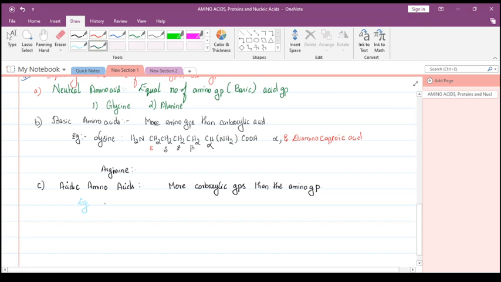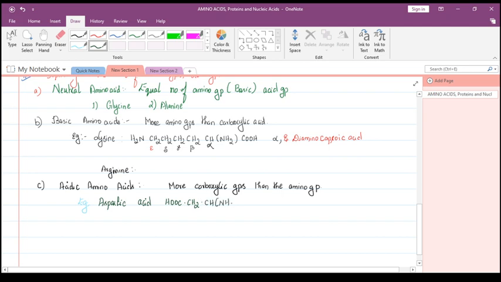Okay, the example is aspartic acid. Aspartic acid chemical formula, simple chemical formulas only I am writing and teaching you, because I know, complementary students, you may find it a little difficult to study and remember these chemical formulas.